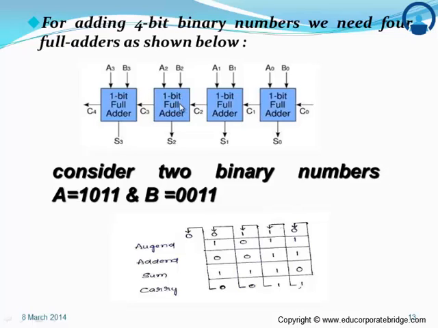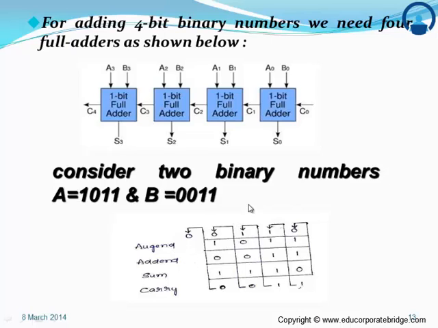Similarly is the working for this 1-bit full adder, that is A2 plus B2 plus C2, that is the carry of the previous stage. It gives the addition as S2, and if the carry exists, that is if there is 1 in the carry, the 1 as a C3 goes into the next stage. The same is the working for this. So here it's explained clearly with the example.